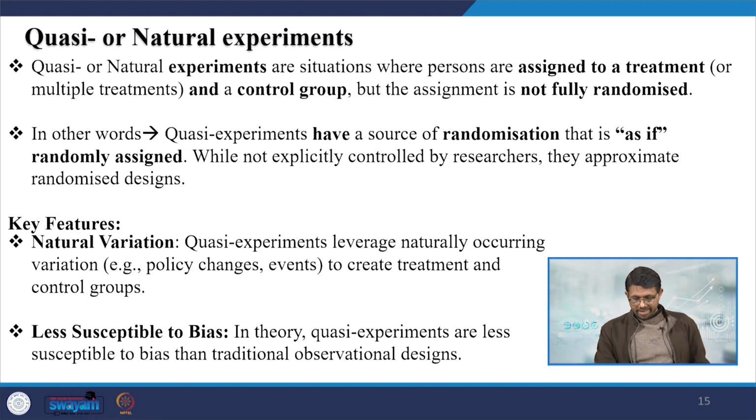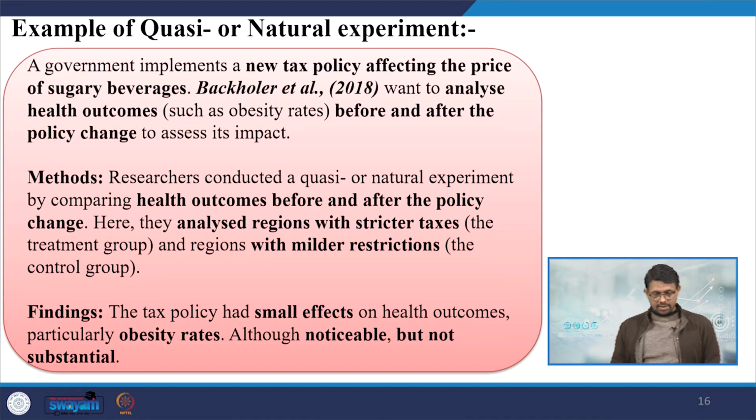Quasi experiments leverage naturally occurring variations, such as policy changes and events, to create treatment and control groups. In theory, quasi experiments are less susceptible to bias than traditional observational designs.